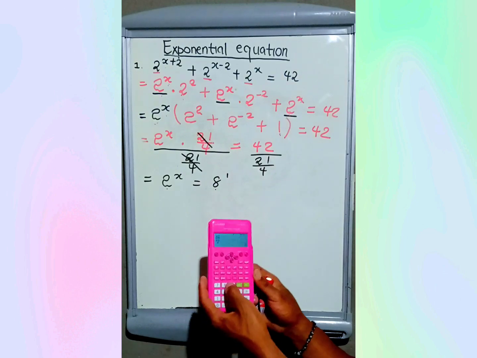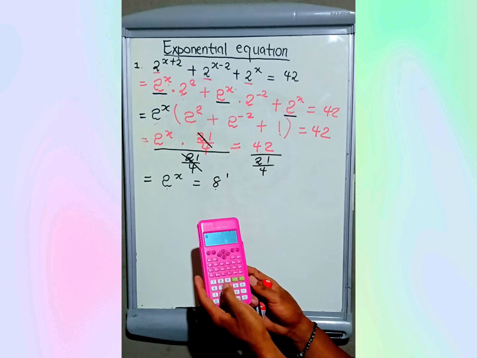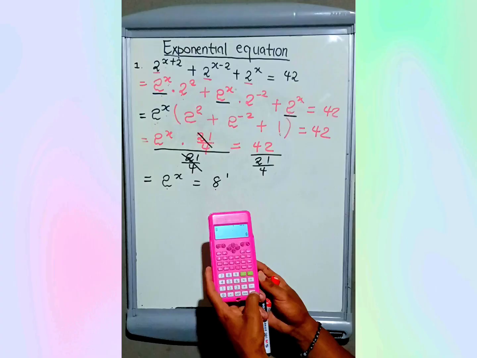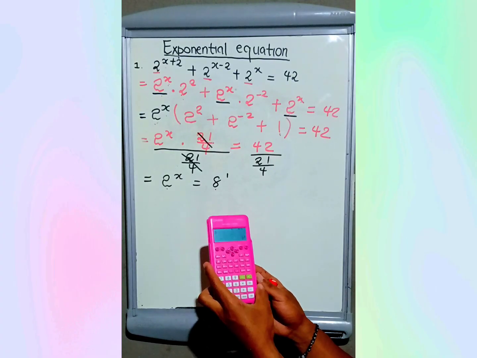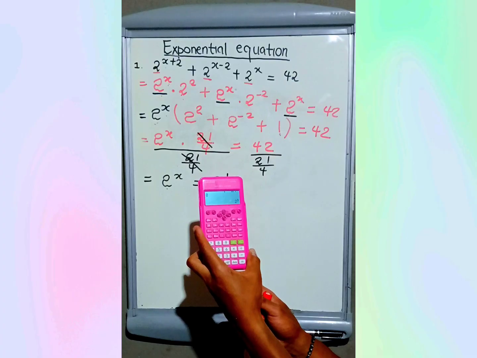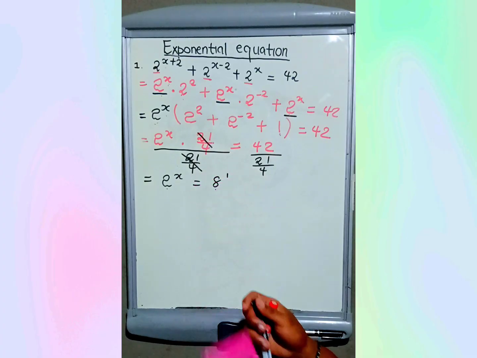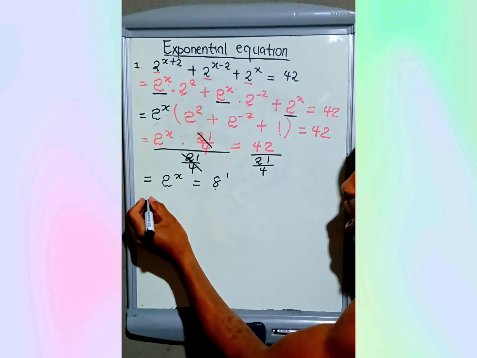It's simple. You take your calculator, you punch 8, then it equals to, then you shift a factor. Therefore, we're going to get 2 raised to 3. Do you see that? It's very simple. Then you draw the conclusion now.